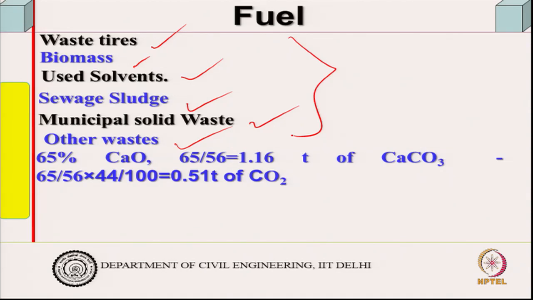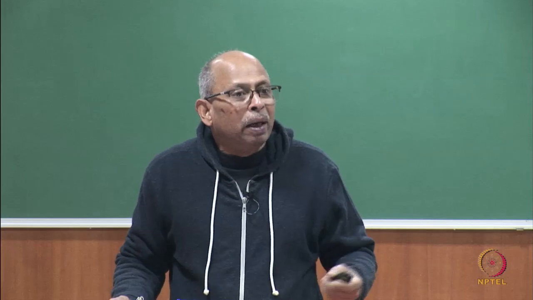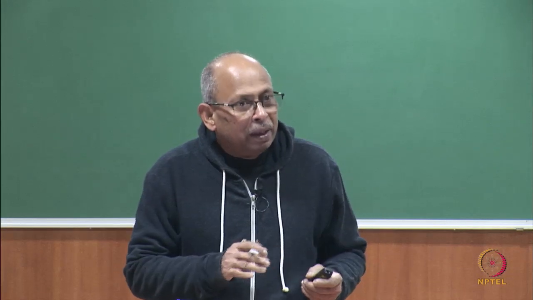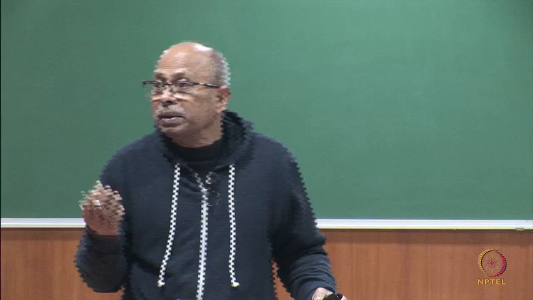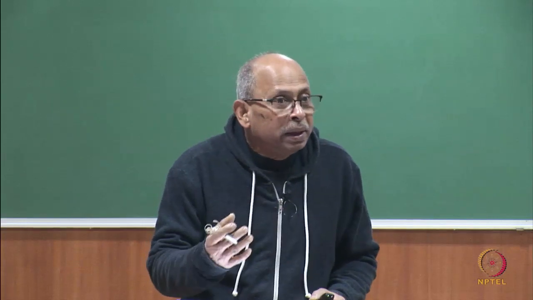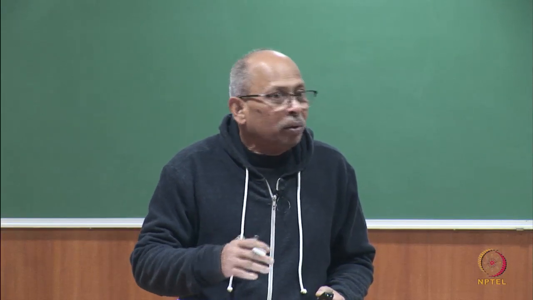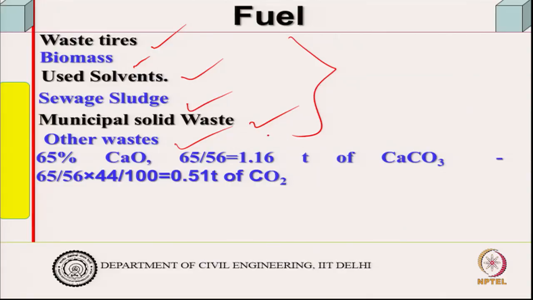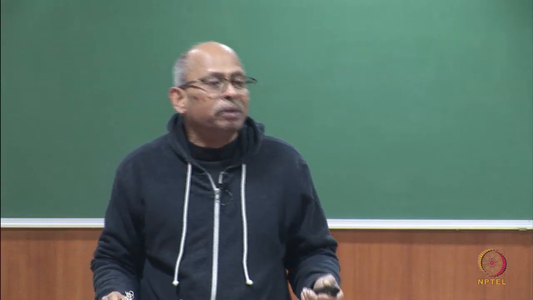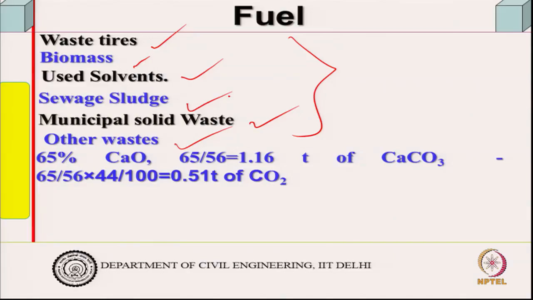So, in accounting, this will not go into my carbon accounting, because it was already there as waste material, and I would have had to have some bioproductive land for depositing them or doing something, right. So, these do not go into accounting. This is an advantage from an environmental point of view, and from an accounting point of view, because you are reducing waste generation. If you see many cement plants, in the preheater they use all kinds of waste materials.